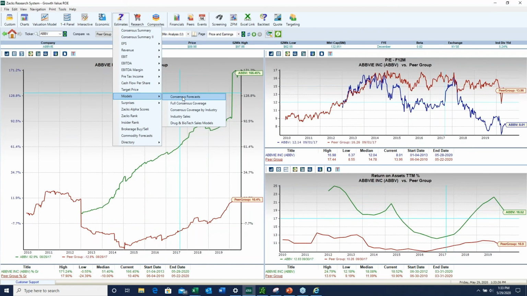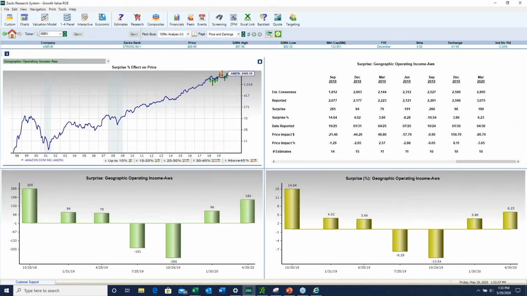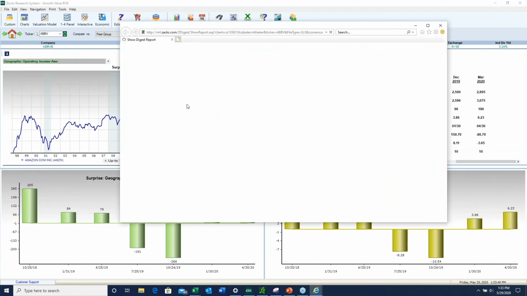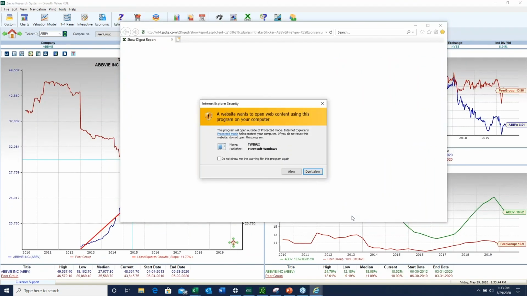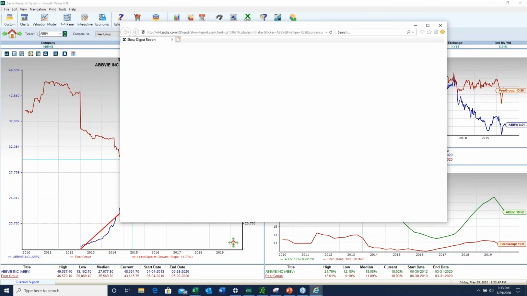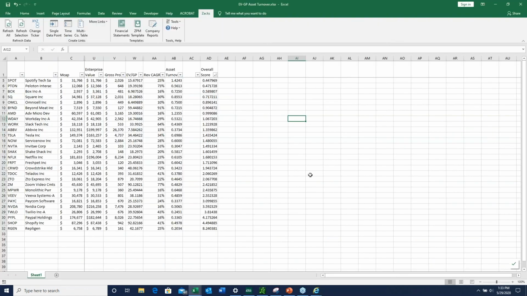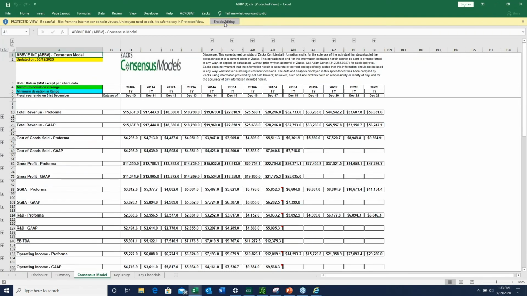Here's why. I'm going to go to that last consensus forecast right here. And we're going to look at exactly what's been going on. And we can see very quickly that in this model, we will see what the consensus forecasts have been, as well as what the growth has been historically.